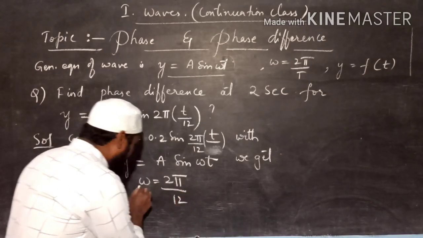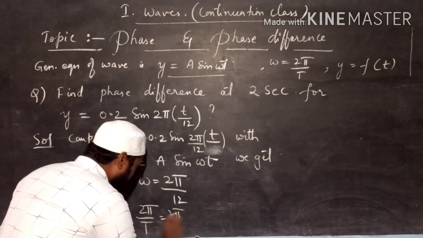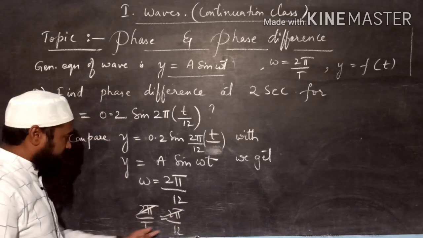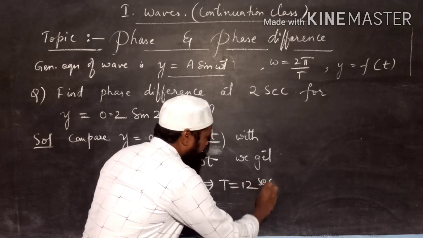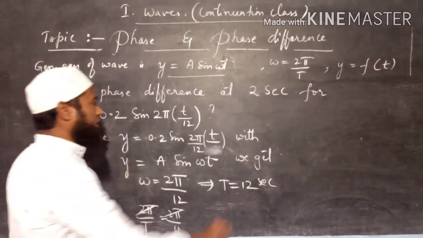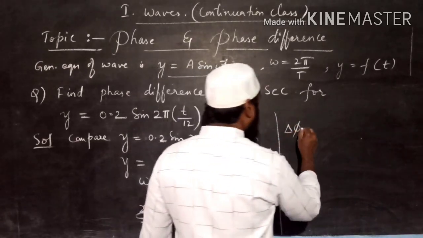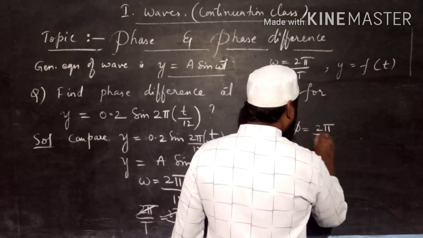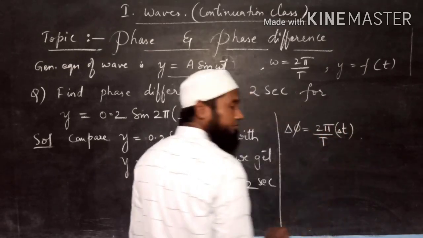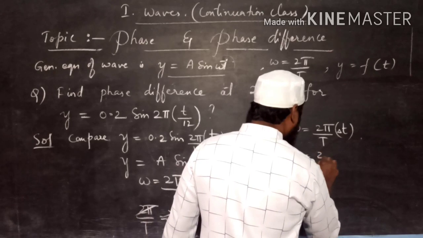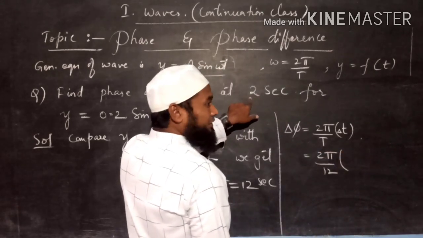Now if you compare this with 2 pi by T, the 2 pi gets cancelled. That implies T is equal to 12 seconds. Now he is asking us to calculate phase difference. Phase difference formula is delta phi is equal to 2 pi by T into delta t. So 2 pi by 12 into the time interval he has given.